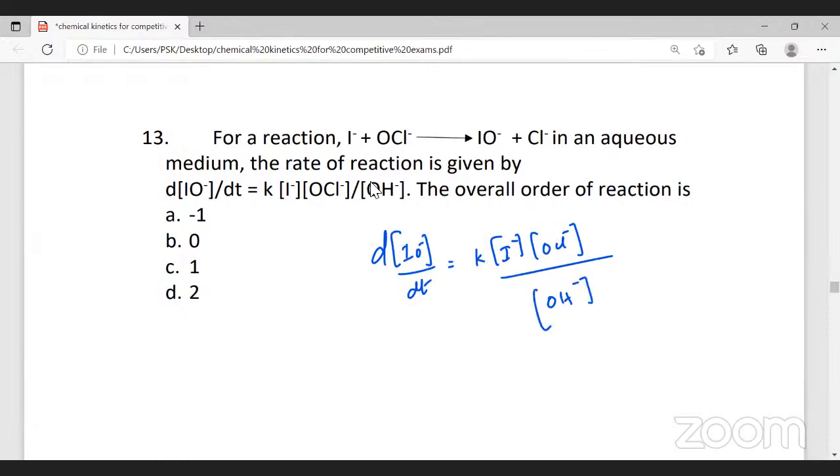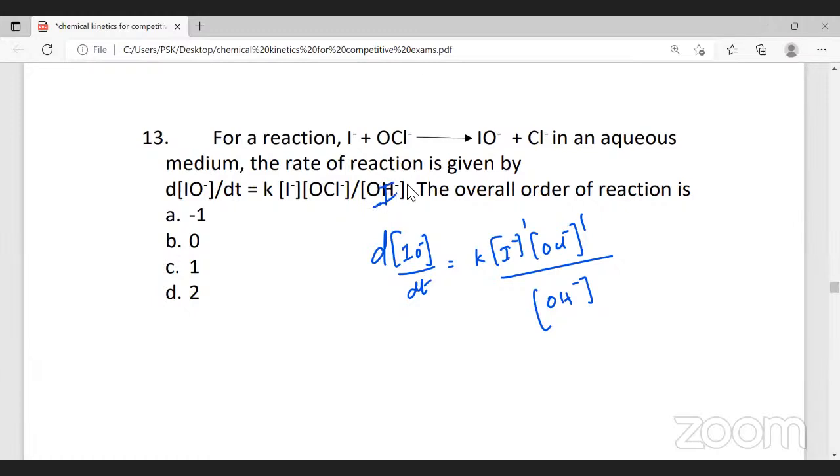Now, looking at the equation, the overall order of the reaction, order with respect to I minus will be what? 1. Order with respect to OCl minus is again 1. And this IO minus, it's not OH minus, it's this OI minus.